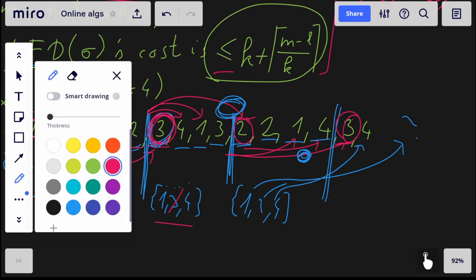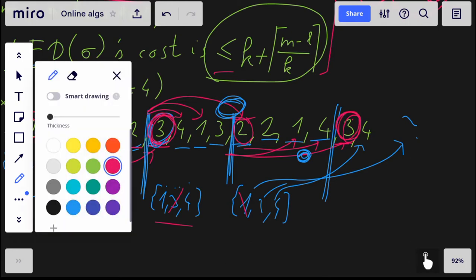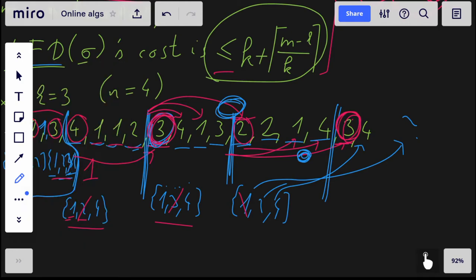Probably I will just settle with the 1 because it's smaller, it doesn't really matter. So here I'm paying for this 3, and then I will have a final configuration of 2, 3 and 4. But then again, I won't pay for this one here because it's in the cache.